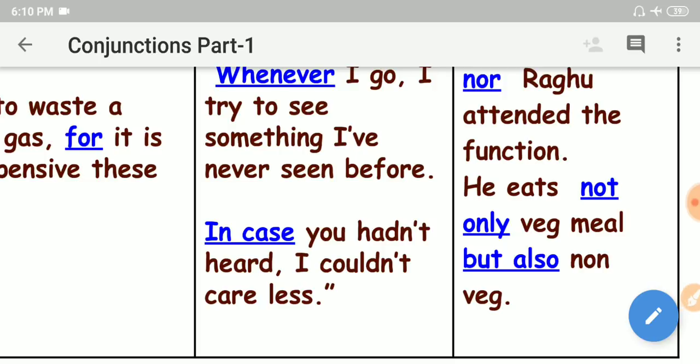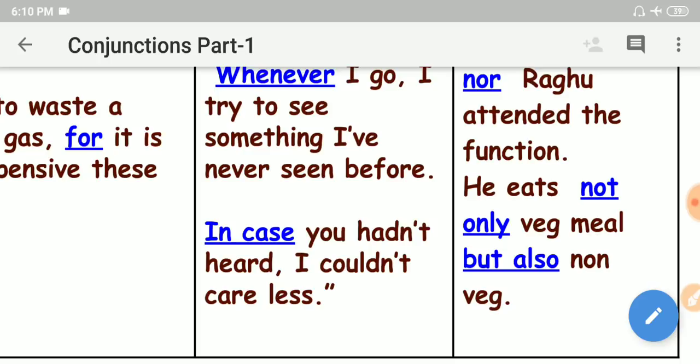In this video we have learnt the meaning of conjunction, and at the same time the three types of conjunctions. Mainly there are three types: subordinate conjunctions, coordinating conjunctions, and correlative conjunctions.